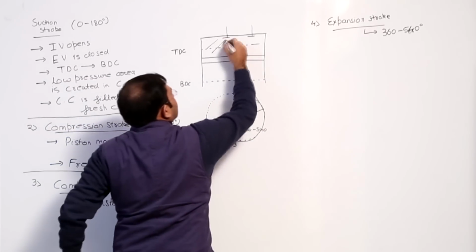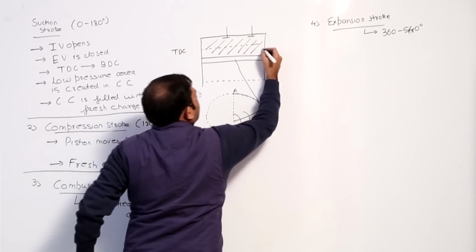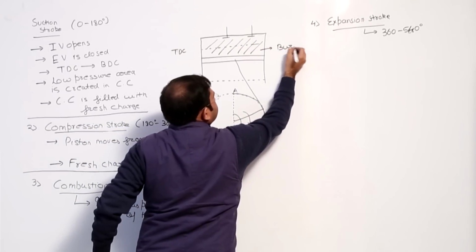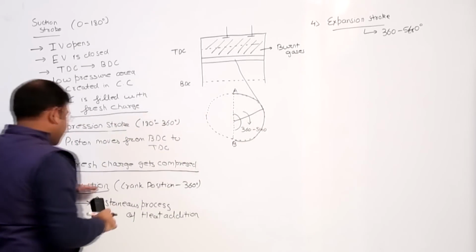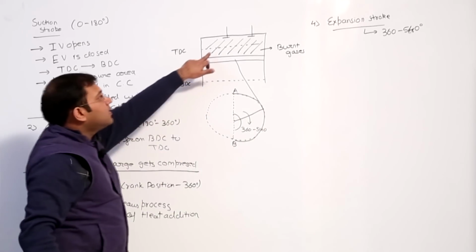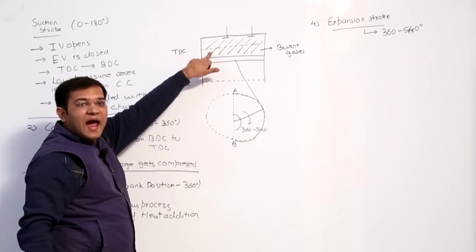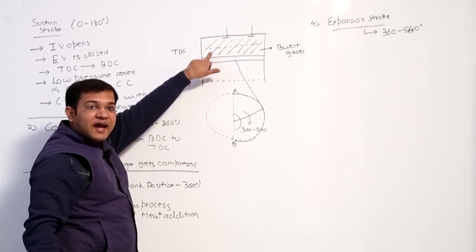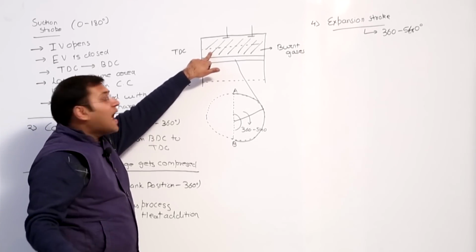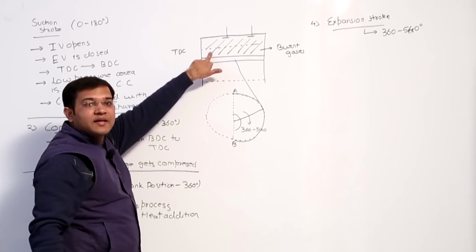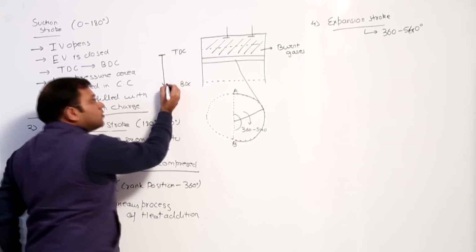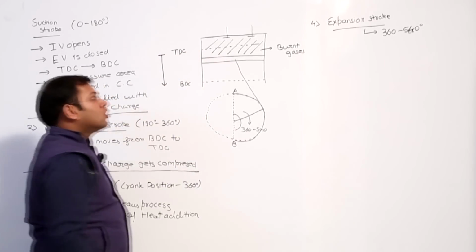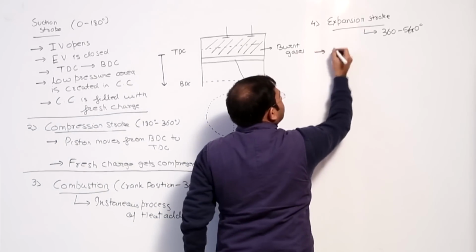Now see what is happening. Here there are burned gases. After combustion there are burned gases in the combustion chamber, and these burned gases are at very high pressure, and these high pressure burned gases force the piston from top dead center to bottom dead center. So what is happening?